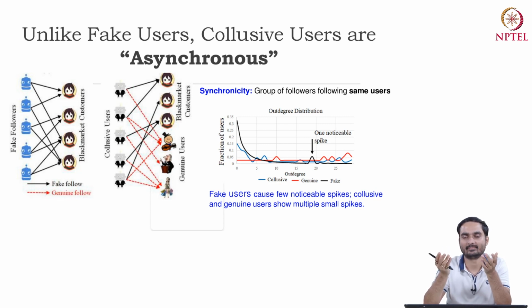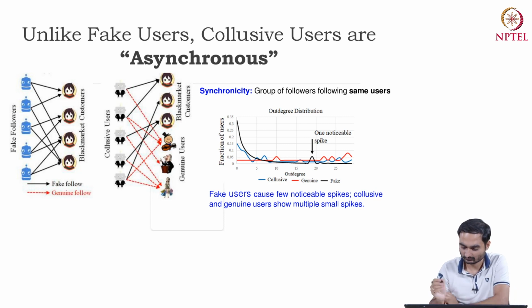There is no time synchronicity. If you think about sock puppets, sock puppet activities are synchronous, therefore we considered the time duration, hopefully you remember, as one of the signals to capture sock puppet activities.